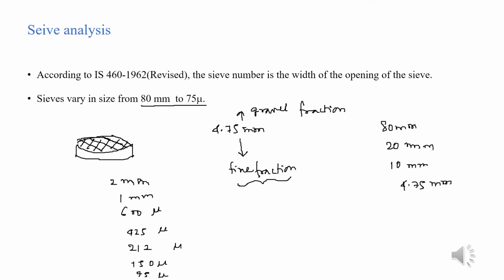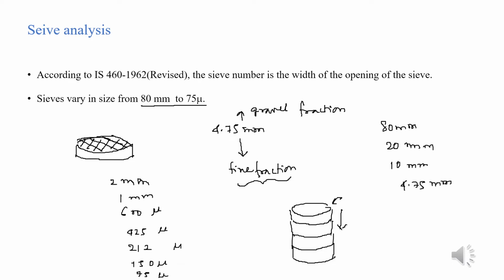So what is the procedure? We take a representative sample of soil, which is well pulverized dry soil of a known weight, and it is sieved through a selected set of sieves arranged according to size. The sieves are arranged such that the largest aperture sieve is placed at the top, and as we go down, the size of the sieve decreases.